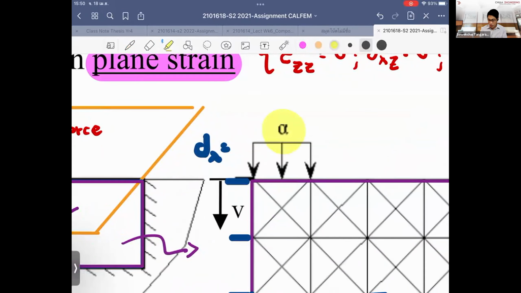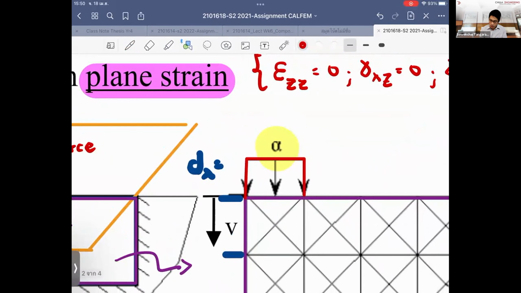Then you model only half. That's why for the loading you look at just half of this. Apply it as a UDL over the area, which we take as 1 meter.